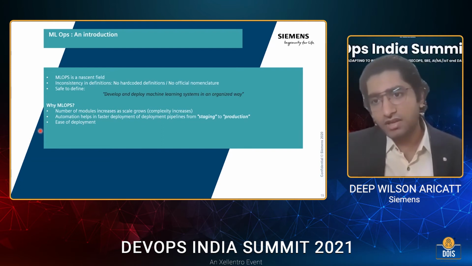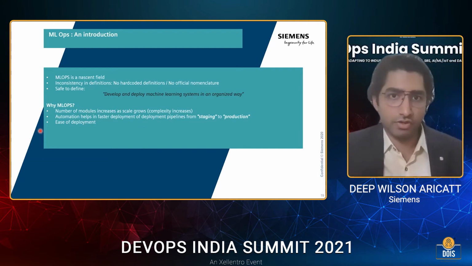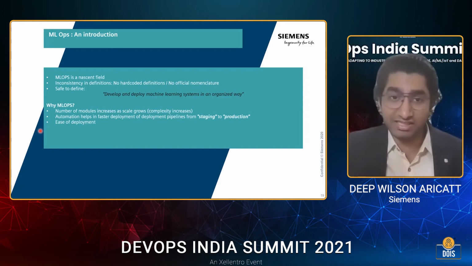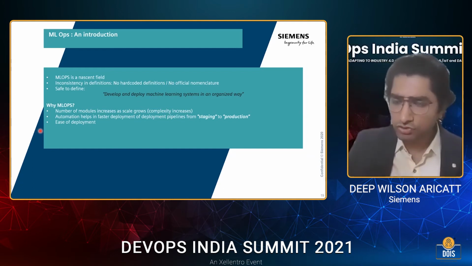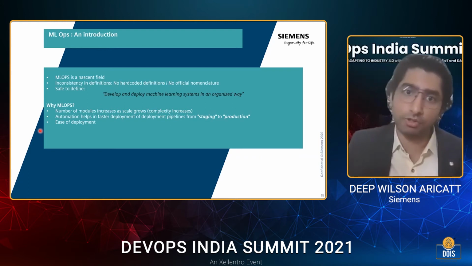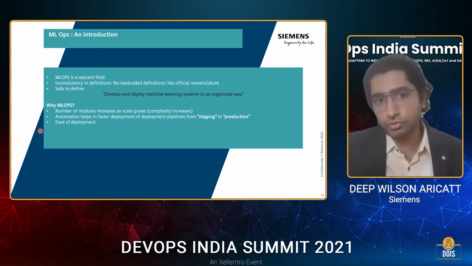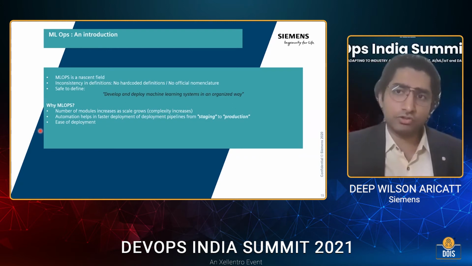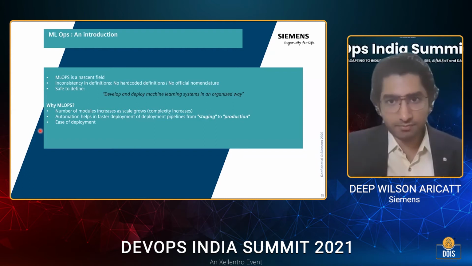But it would be safe to define it in the following way: to develop and deploy machine learning systems in an organized way. So why MLOps? As the number of modules or the scale grows, your complexity also increases proportionally. Automation helps us in faster deployment of these pipelines from staging to production, and it also results in ease of deployment.